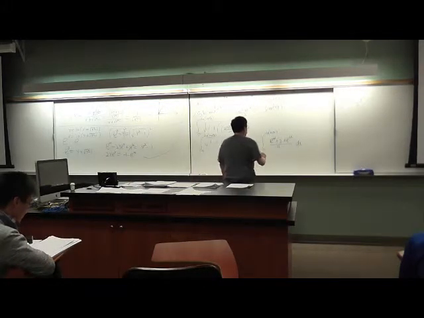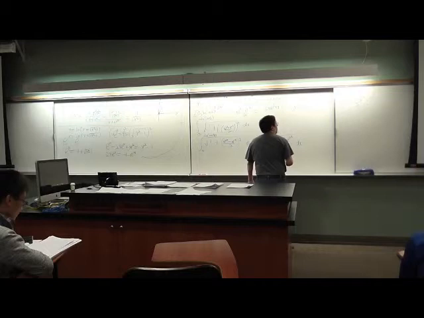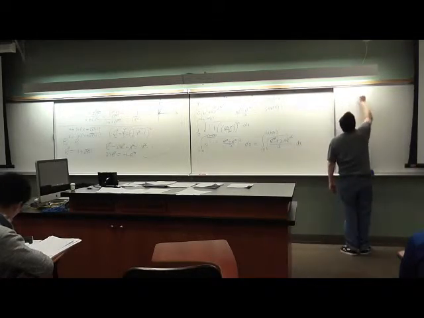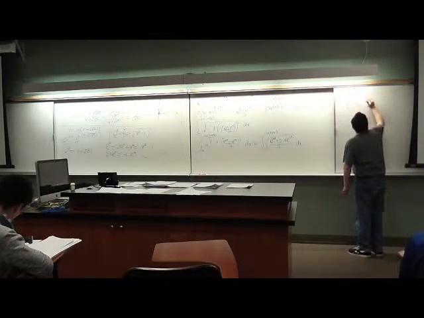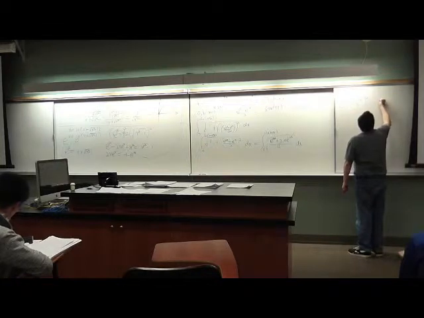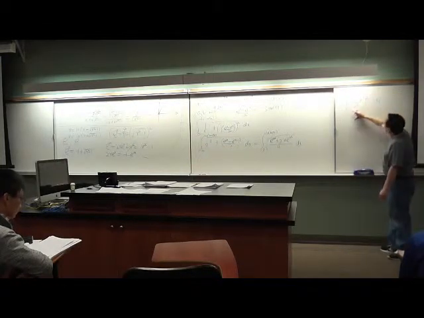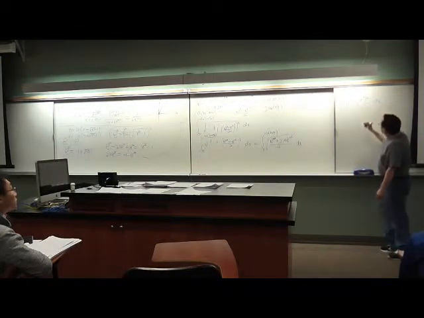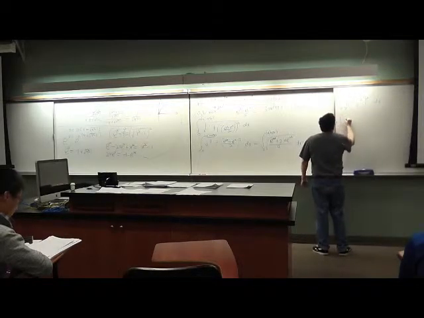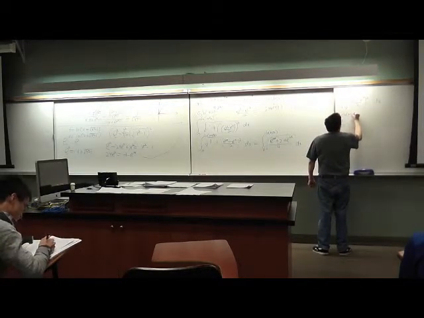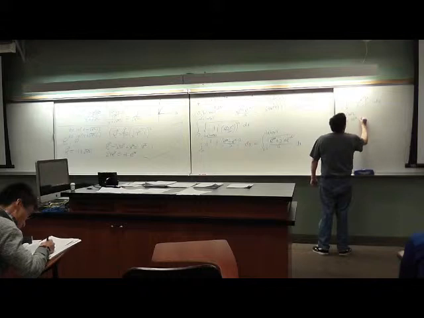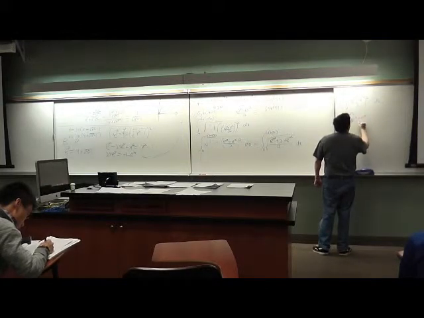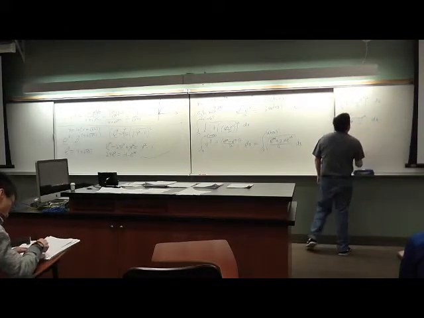Oh, you know what I forgot? I forgot my square root. Yeah, thank you. Of course it's going to buy me something. The square root and the square knock each other out. So it's the integral of (e^x + e^(-x))/2 dx.